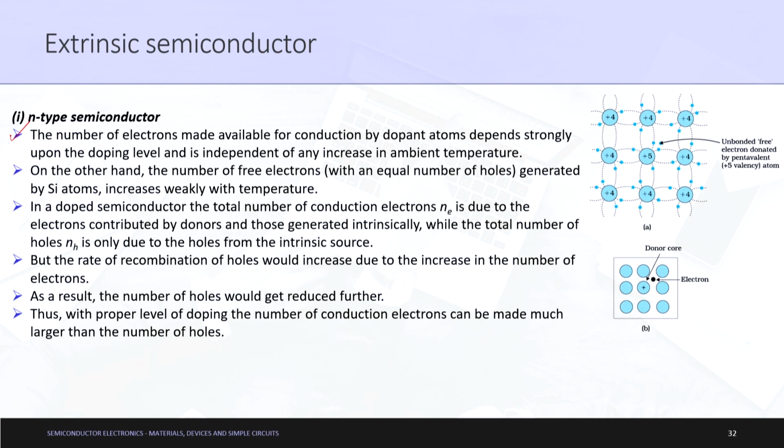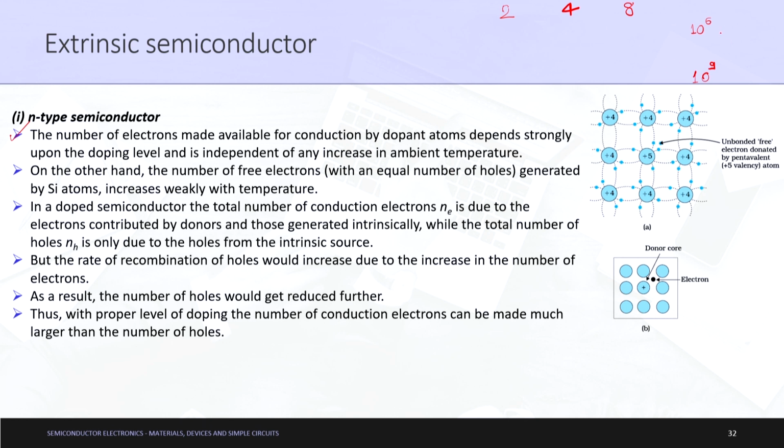Let us say there are 10 to the power 6 atoms of silicon, and let us say for the first time I imparted only 2 atoms of pentavalent impurity, then I imparted 4 atoms, and next time I added 8 atoms of pentavalent impurity. Let us say the complete semiconductor has 10 to the power 9 atoms. So, for each 10 to the power 6 atoms there were 2.